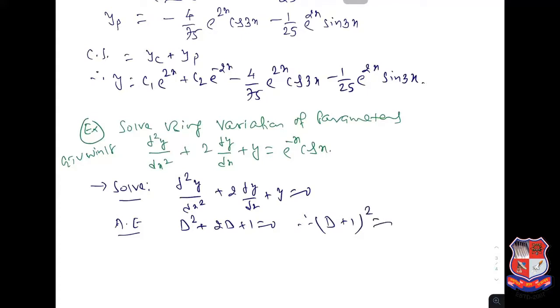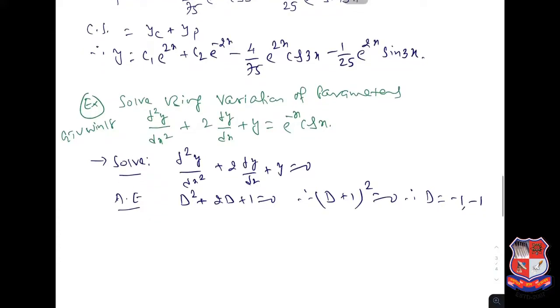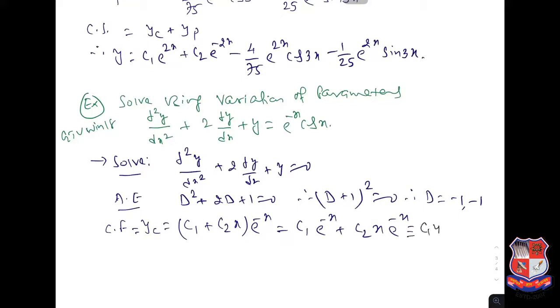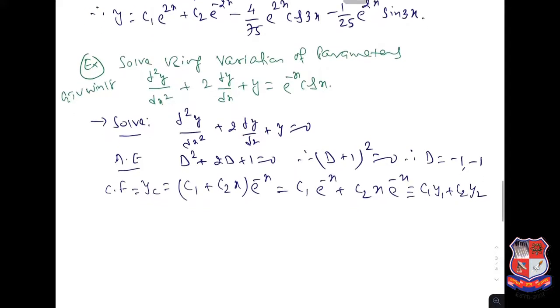This is d plus 1 square, and therefore d is minus 1 repeated root, and we know if the roots are repeated, then the complementary function is c1 plus c2x e power minus x. So we write like this: c1 e power minus x plus c2 x e power minus x. So this is our y1 and this one is our y2. So you can compare this with c1 y1 plus c2 y2.